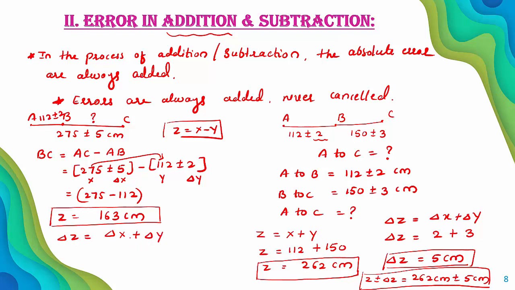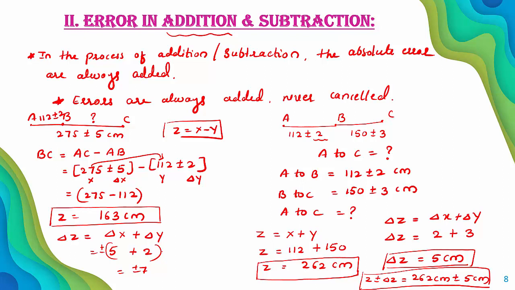Don't write a negative sign here. Errors are always added, but the actual values we can subtract. 275 minus 112, we got 163. Now delta X value is given 5 plus delta Y value is given 2. 5 plus 2, this may be plus or minus. So 5 plus 2 is how much? 7.